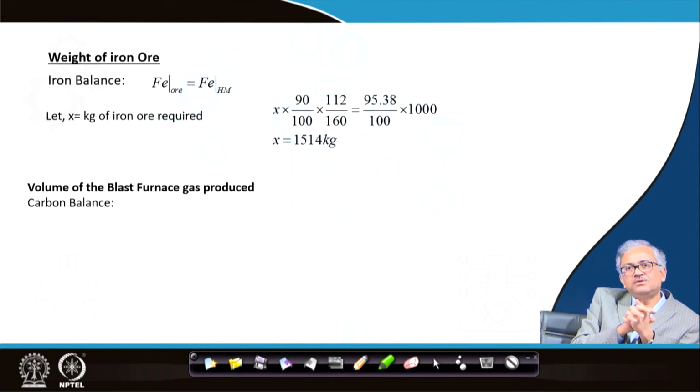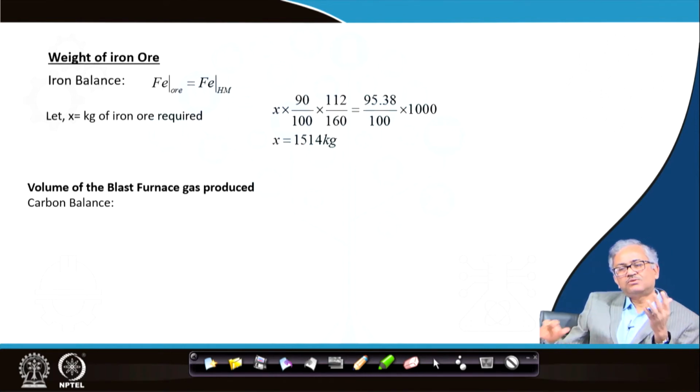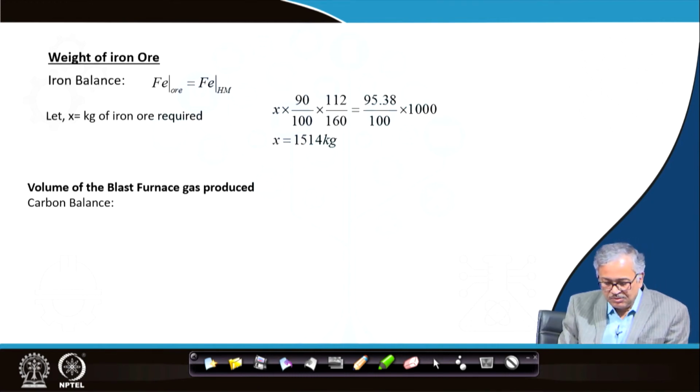From there you can get an idea of the moles of CO and CO2 that will form if you just make a carbon balance, and that scope is here. Basically, we know how much coke is coming in and all these things. So, we can make a carbon balance here. It is better because of the data that is given. That way if you do a carbon balance, we can know how many moles of CO and CO2 are in the exit gas.